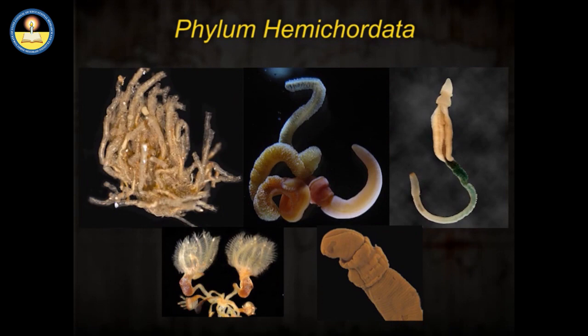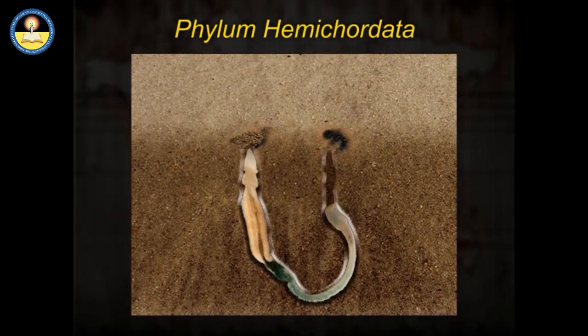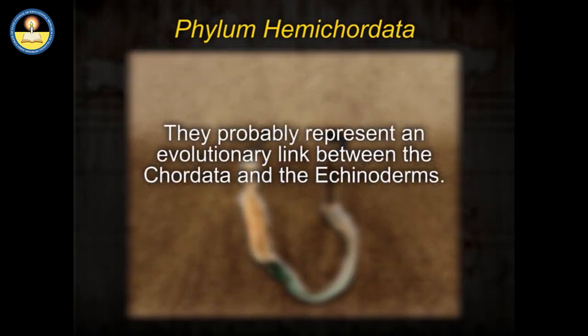The hemichordates are soft-bodied, worm-like marine organisms which are often found in U-shaped burrows on sandy or muddy sea bottoms. They probably represent an evolutionary link between the chordata and the echinoderms.